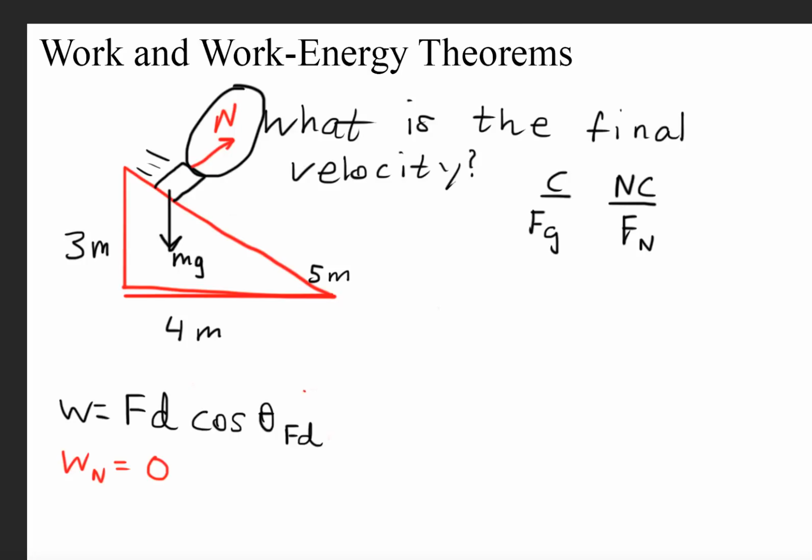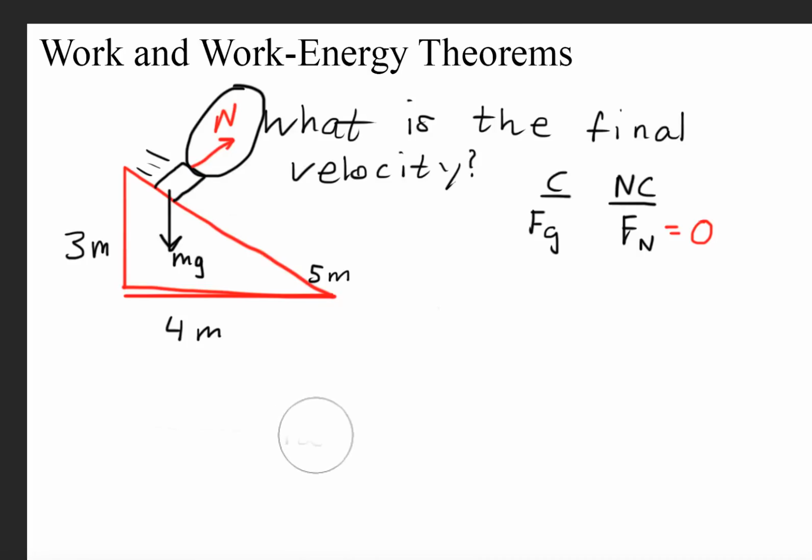And pay attention again to how I took the angle between the force and my displacement vector. It's very important you do that, otherwise it'll skew your answers quite a bit. So we know that the work done by the non-conservative forces is 0. And what's really cool about this is now we can jump into our work-energy theorems.